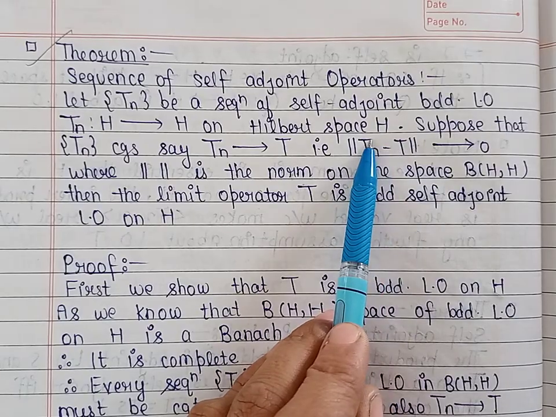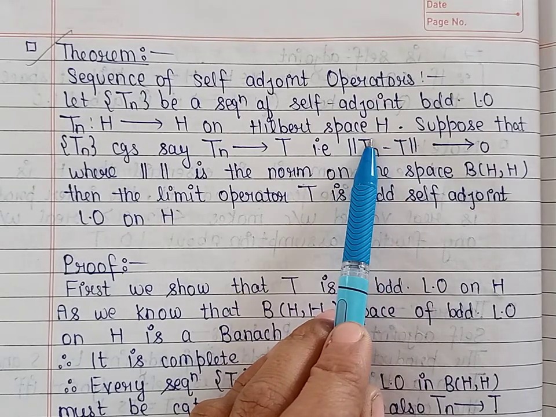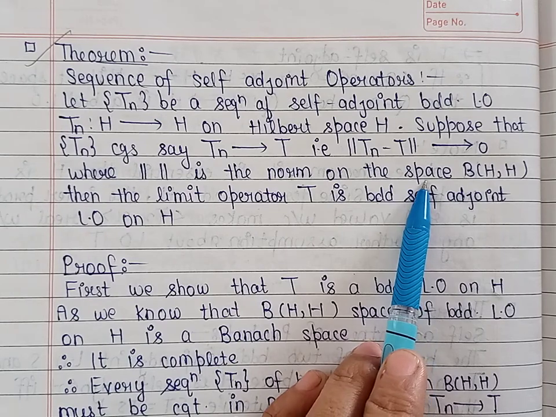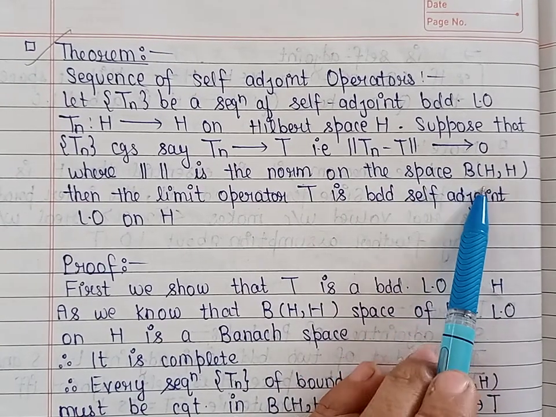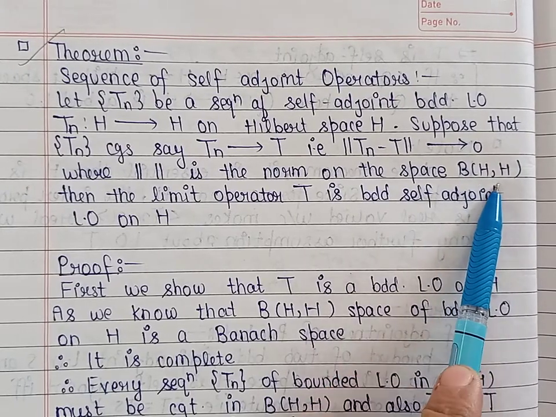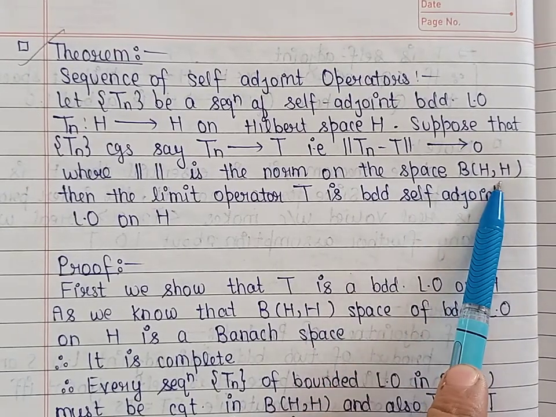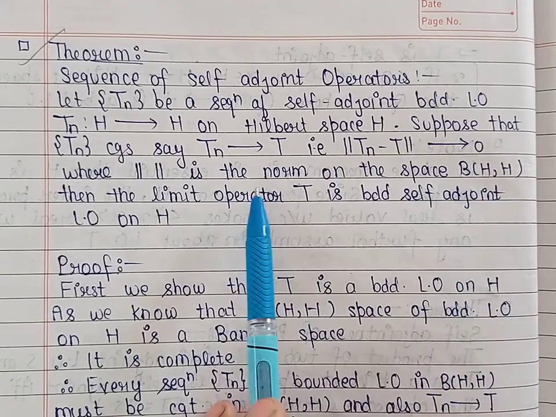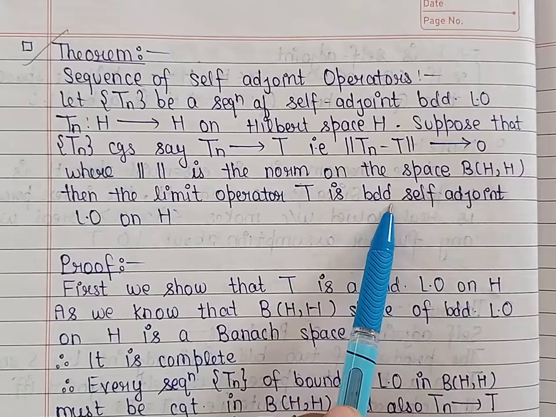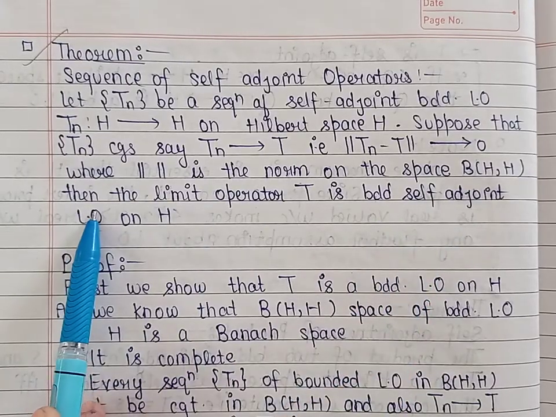Here this norm is defined on the space of all the bounded linear operators which are defined on the Hilbert space H. Then we are to prove that the limit operator T is also a bounded self-adjoint linear operator.